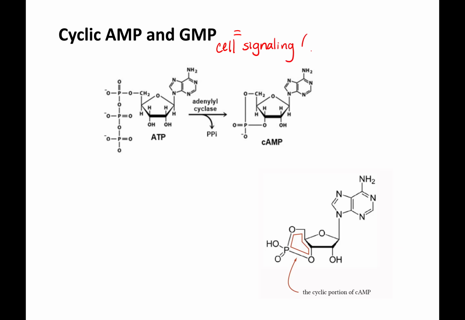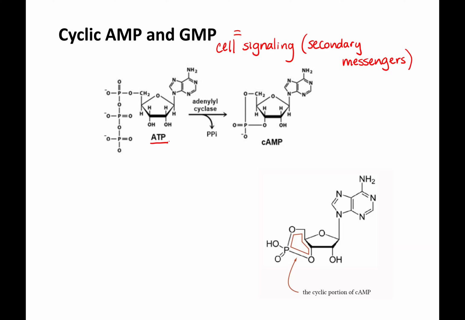These molecules are something called secondary messengers. You don't have to worry about that term just yet. But what I do want you to understand is how cyclic AMP is made and broken down. Cyclic GMP follows the same pattern.